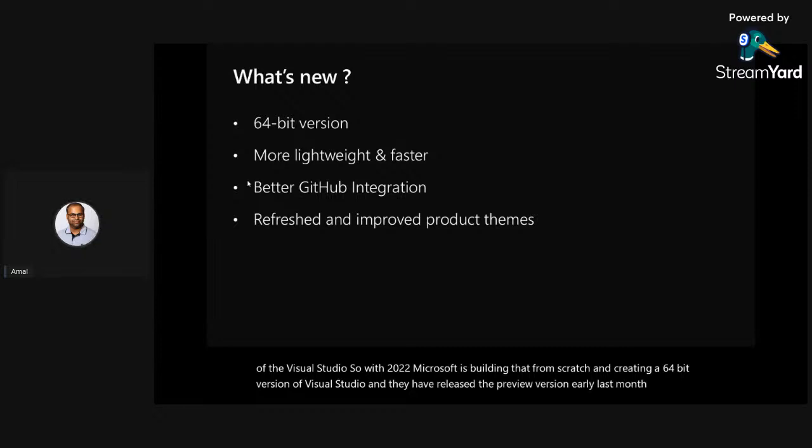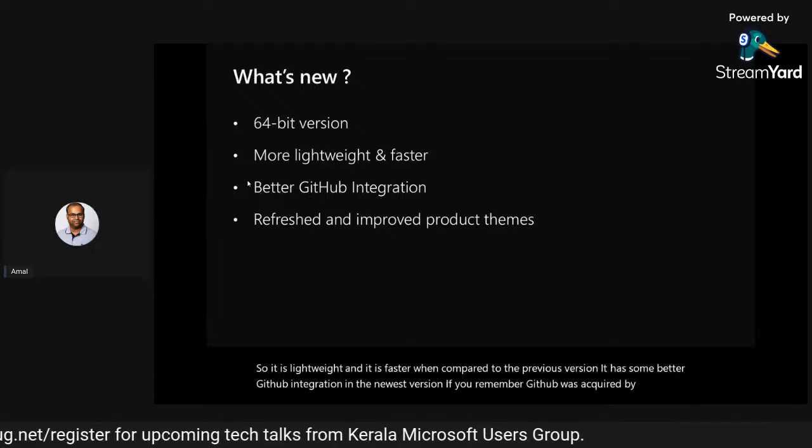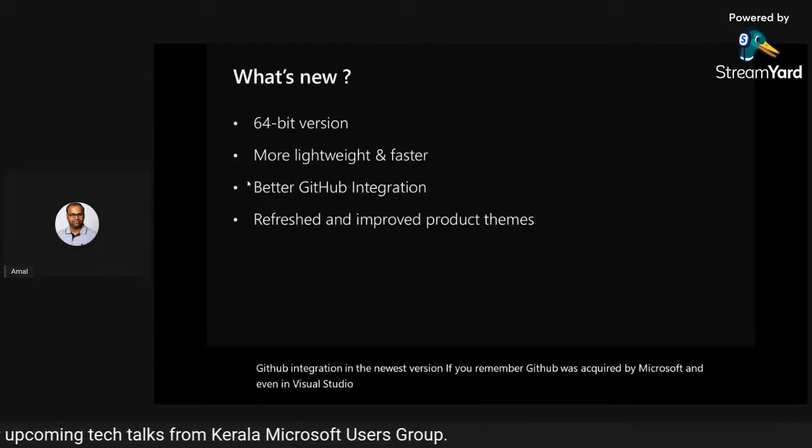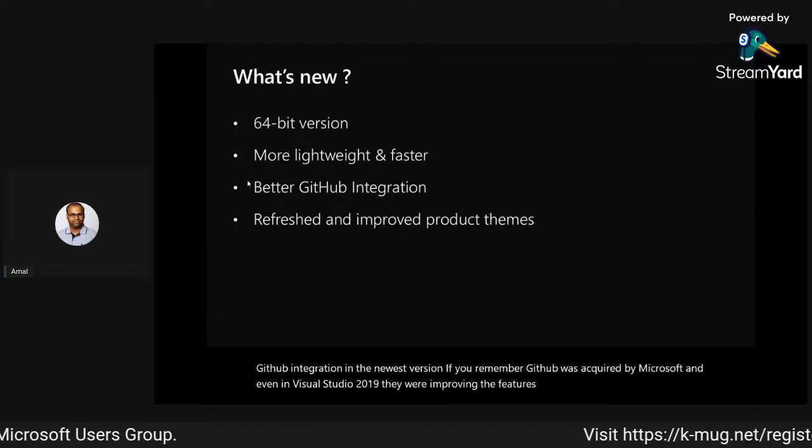So what are the advantages of going with a 64-bit version of Visual Studio? It is lightweight and it is faster when compared to the previous version. It has some better GitHub integration in the newest version. If you remember, GitHub was acquired by Microsoft, and even in Visual Studio 2019, they were improving the features for committing or merging pull requests with GitHub.